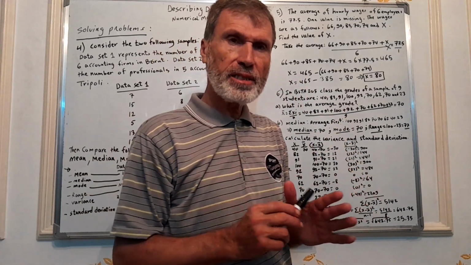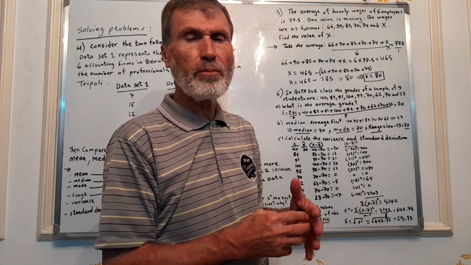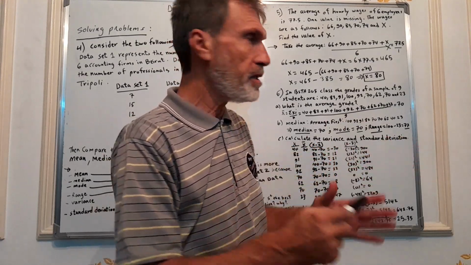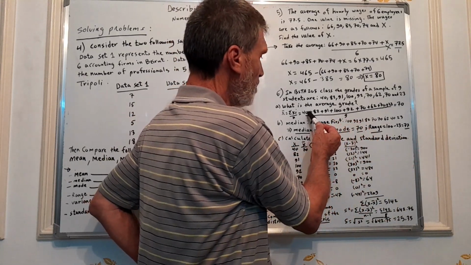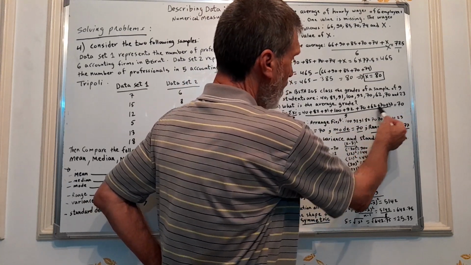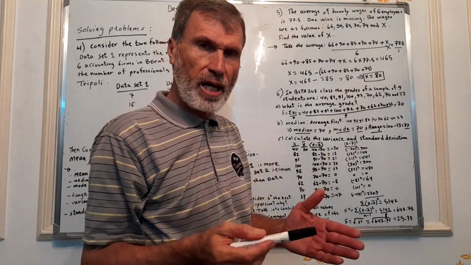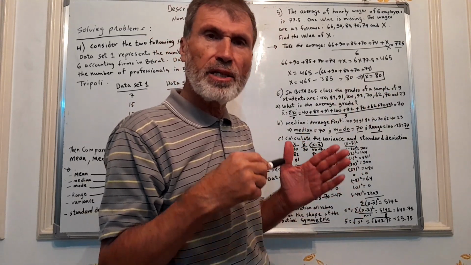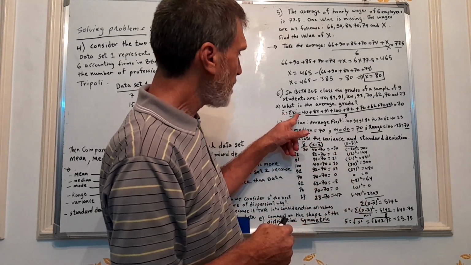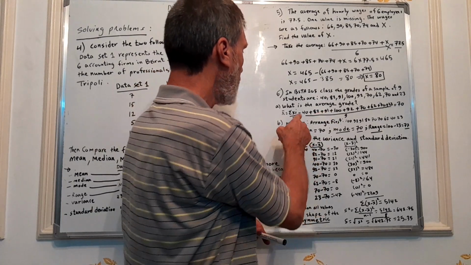We add all of those values and divide by the number of observations, which is 9. So 40 plus 82 plus 91, all the way to 23, divided by 9, gives 70. Since we have a sample, the average is denoted by X bar, the sum of Xi over n.